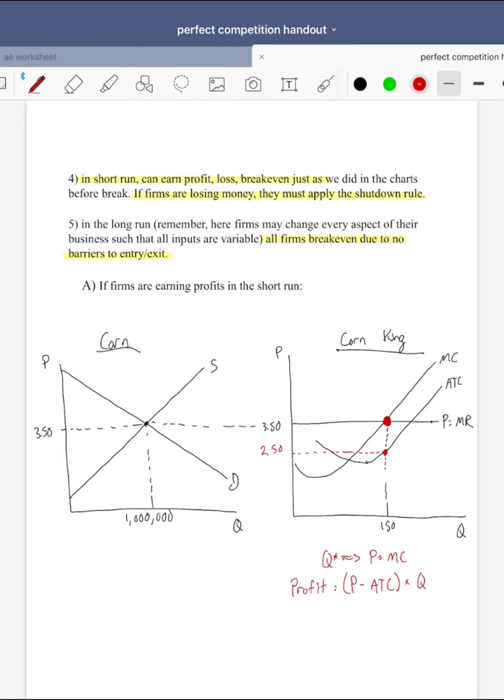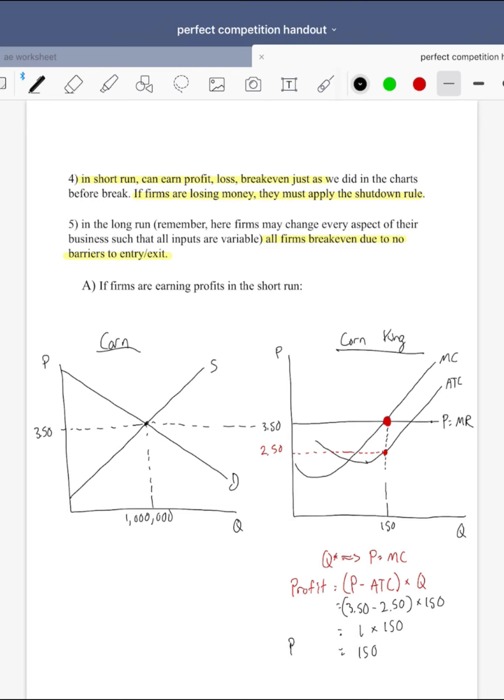So if I'm producing 150 units and the average total cost of producing those 150 units is $2.50, we can use this formula: profit is equal to the price minus your average total cost times quantity. Because your price represents your revenue per unit, average total cost represents your cost per unit, and then if we multiply it times the amount of units that we're selling, that should give us our overall profit.